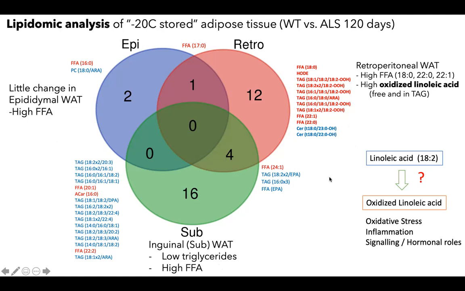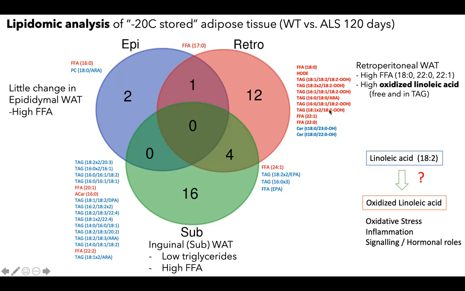In the retroperitoneal fat, we saw differences in several free fatty acids, and also oxidized fatty acids that we could find either free or esterified to triglycerides.